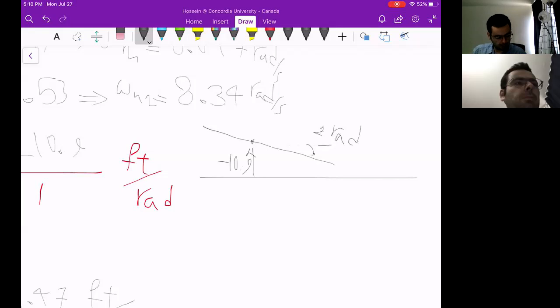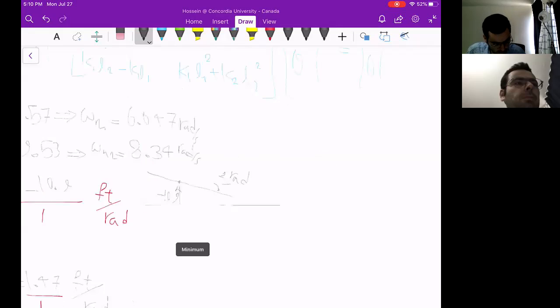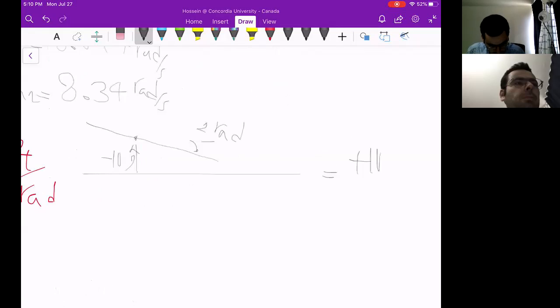Or you could say positive displacement for minus 1 radian deformation. So negative 1 radian, the center of gravity will displace plus 10.9, the downside we consider positive direction. So if we continue this, we'll reach the node.